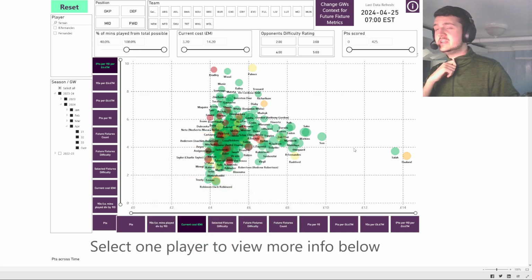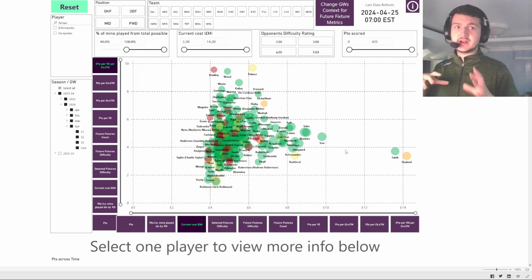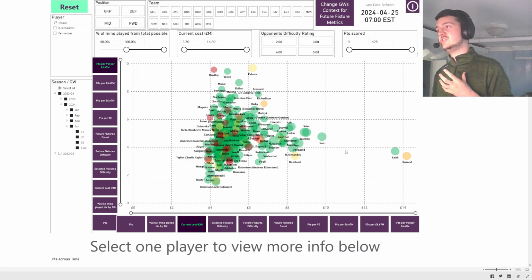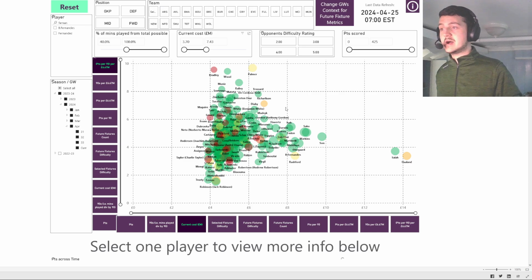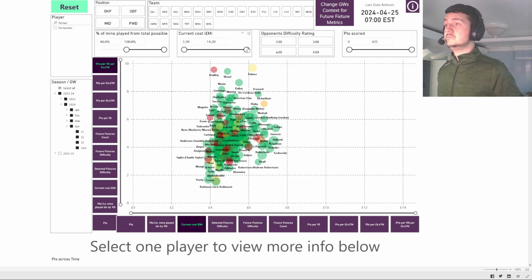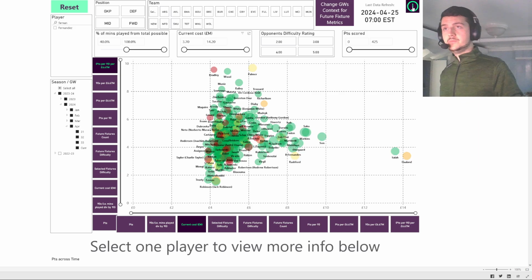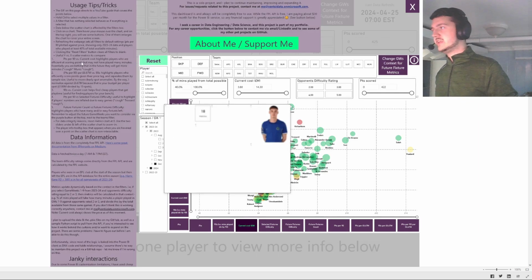So if you're interested in keeping to your budget, if you're interested in finding a player for a particular price, this is a good metric to highlight those. And obviously you can also decrease this price and it will swipe along and clear all of the names that cost more. So that's another useful metric that you can use.